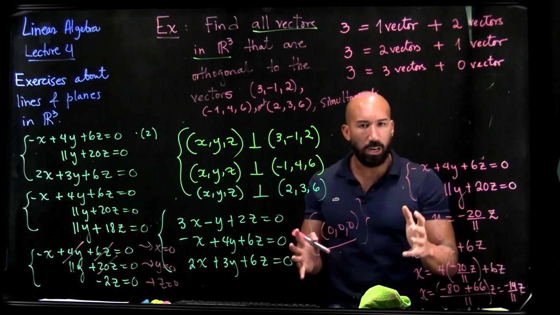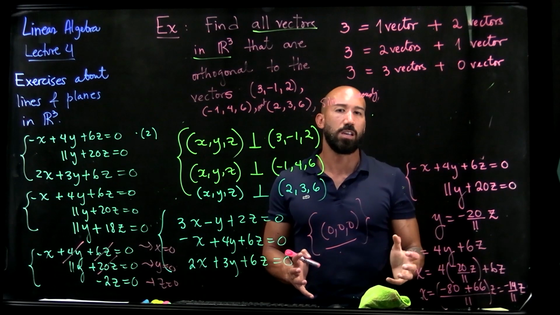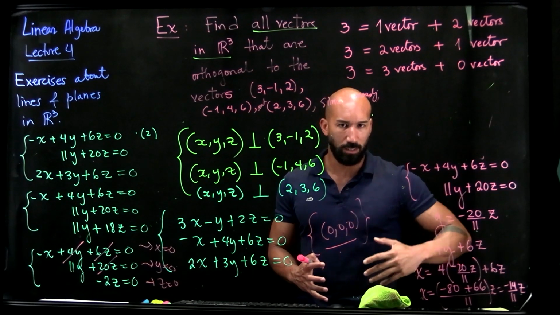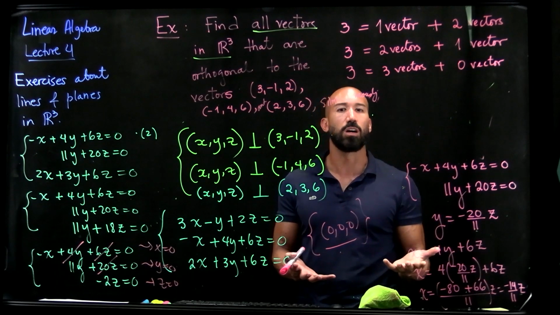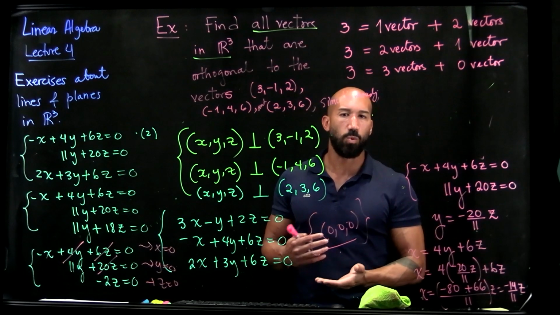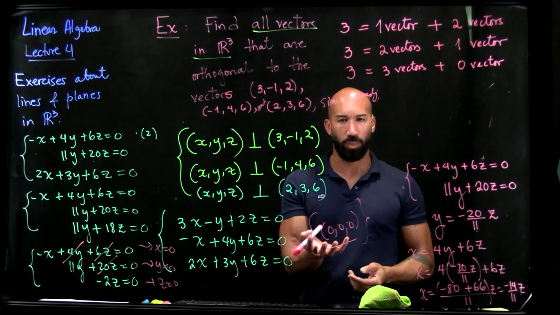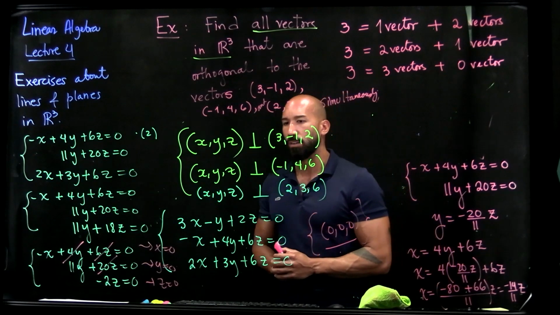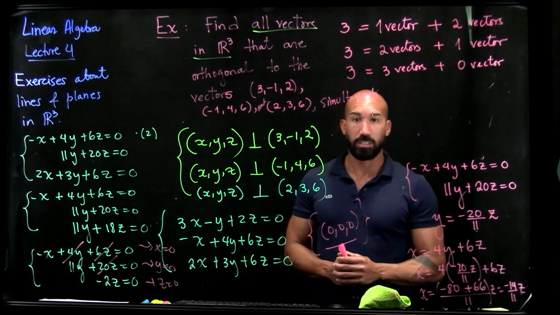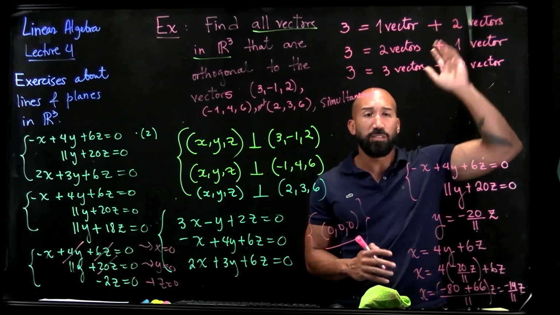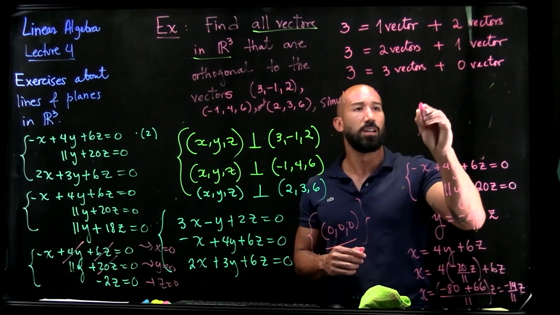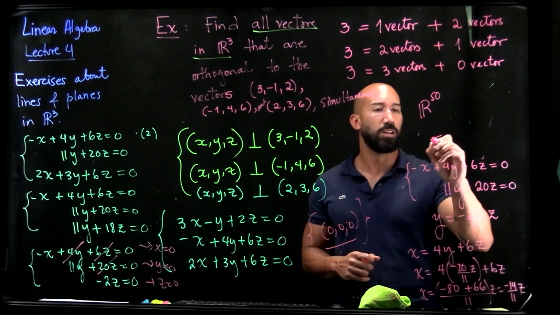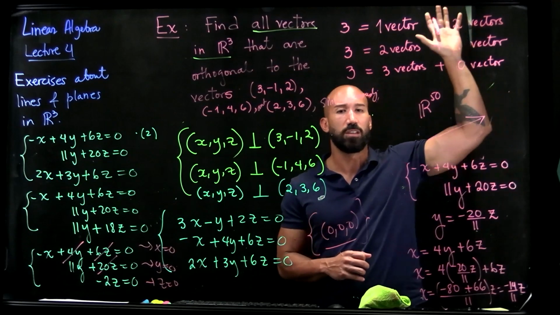So this is going to be always the case. If you have a linear object and you get the linear object that is orthogonal to the given one, the dimension of the given one plus the dimension of the orthogonal linear object is going to be the dimension of the ambient space. Is it okay? So let's say now that we are in R50, and I'm giving you one vector in R50.